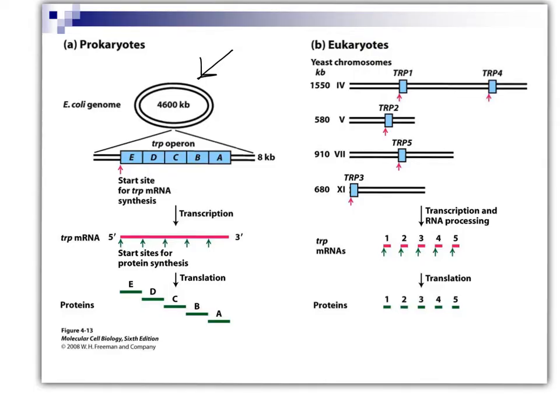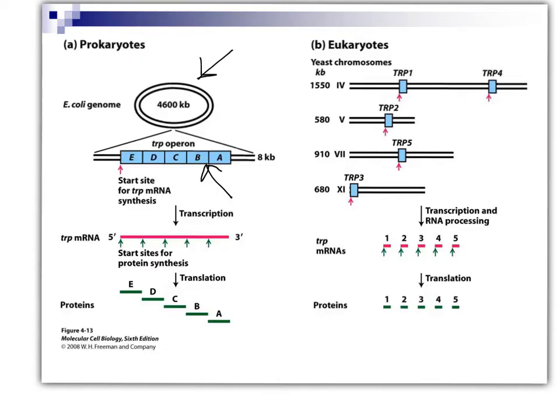You transcribe all the genes together. Here the genes are represented as the letters here. So A, B, C, D, and E. But here, those are all the enzymes that are needed for tryptophan synthesis.